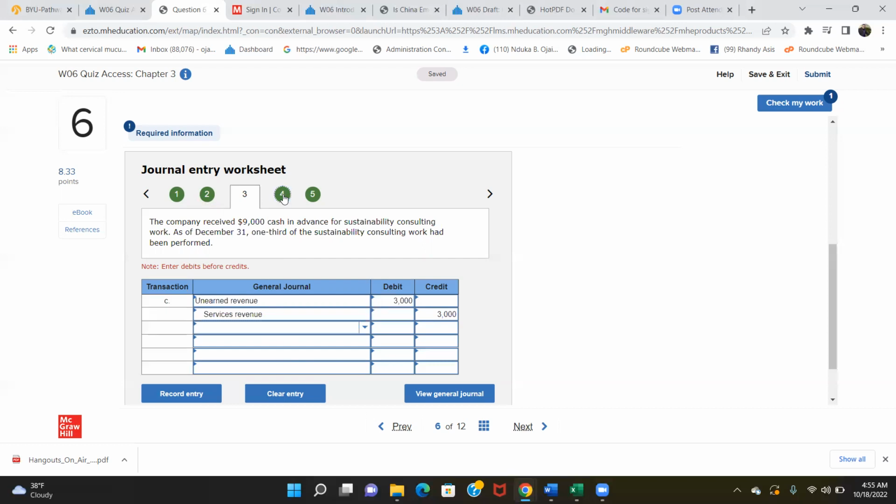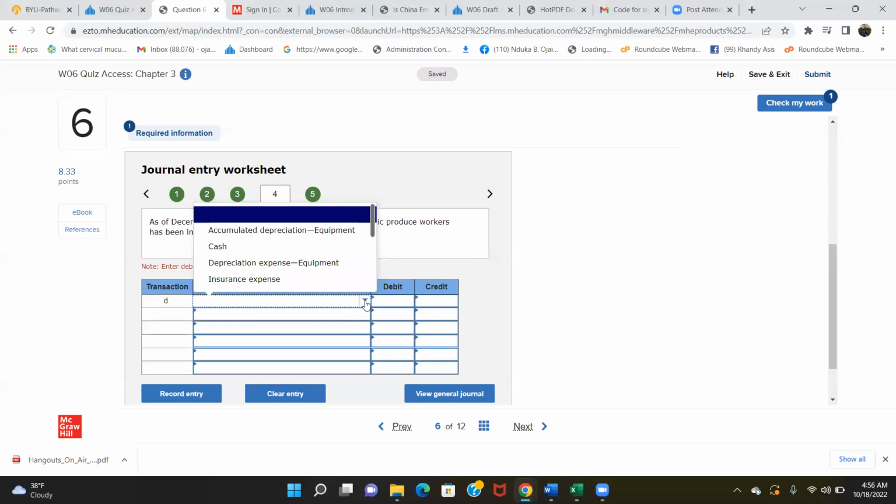And then question number 4, it says as of December 31st, 3,200 in wages expense for the organic produce workers has been incurred but not yet paid. Since 3,200 in wages has been incurred but not yet paid, to post that entry into the general ledger, let's say it's wages.